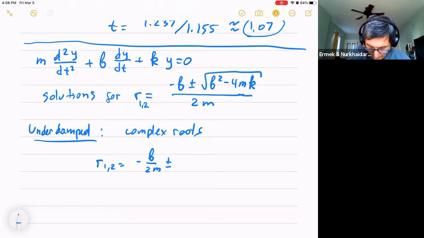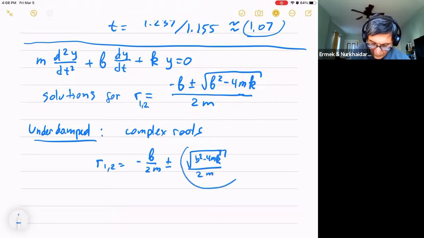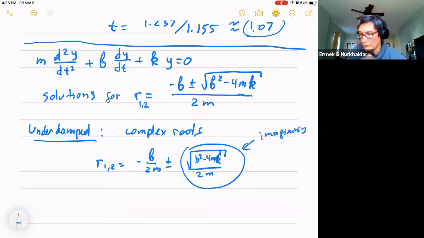So the square root of b squared minus 4mk, divided by 2m. Okay, that's supposed to be a complex number, imaginary. So r1,2 equals alpha plus i beta.